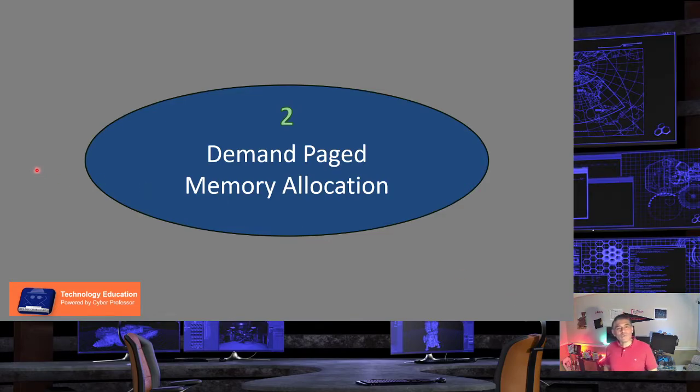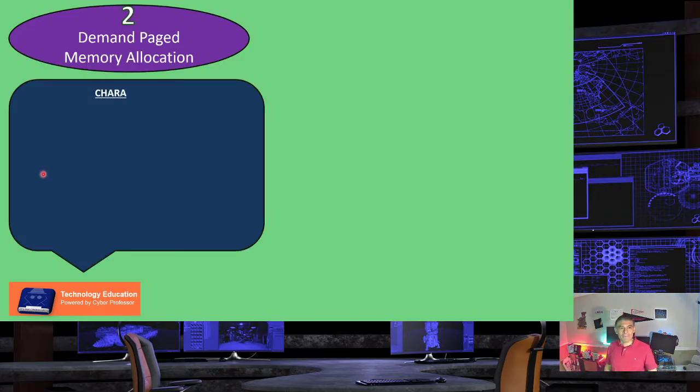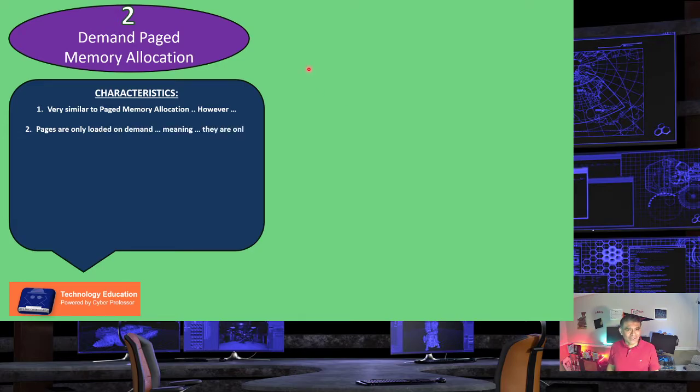Second, we will review the demand page memory allocation system. The characteristics of the demand page memory allocation system include the fact that it is very similar to page memory allocation. However, pages are only loaded on demand, meaning they are only brought into memory when they are actually needed.